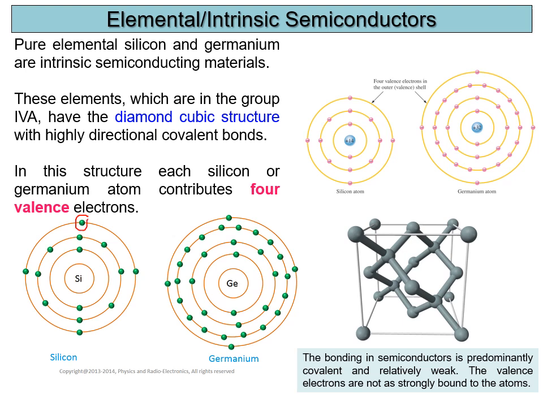We can see that silicon has 4 valence electrons, 1, 2, 3, and 4. Similar with germanium, also 4 valence electrons. The bonding in semiconductors is predominantly covalent and relatively weak. The valence electrons are not as strongly bound to the atoms.